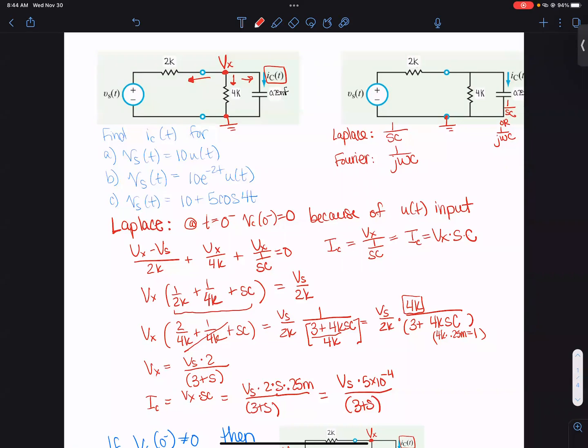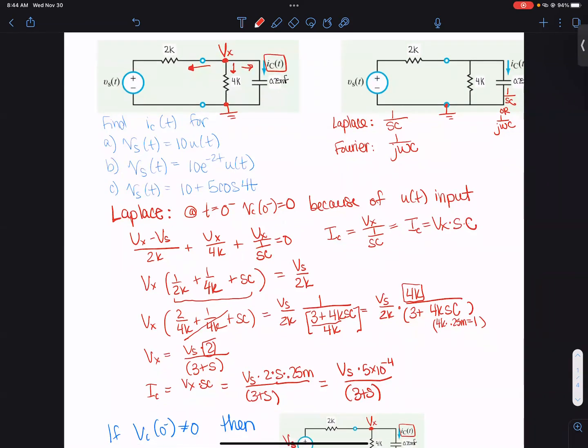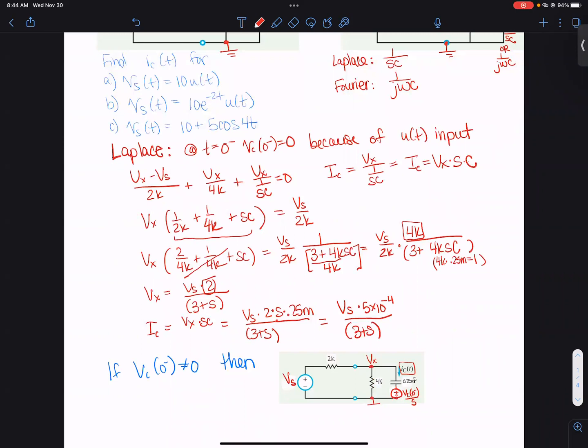And then 4K divided by 2K is 2, so that gives me the 2 on top. Then I just multiply that VX times SC for IC. 2 times 0.25 milli becomes 5 times 10 to the minus 4th.